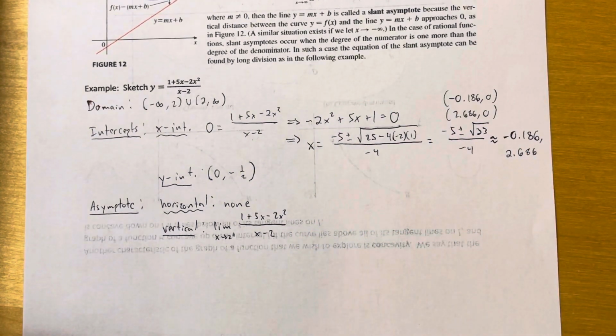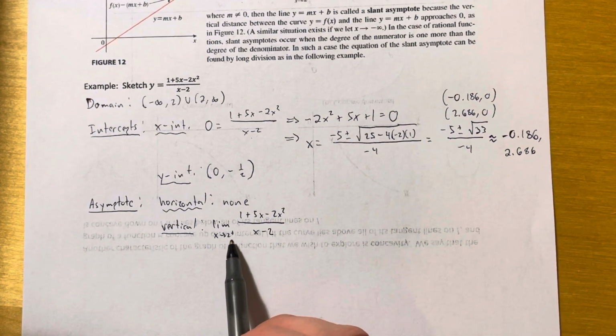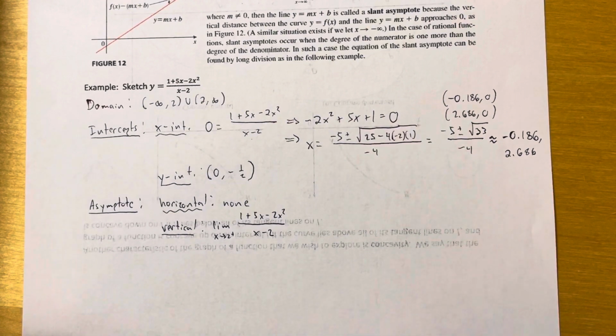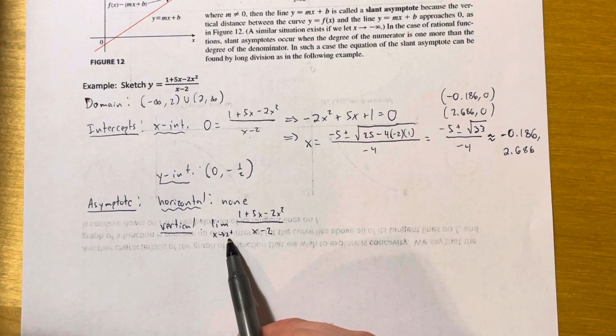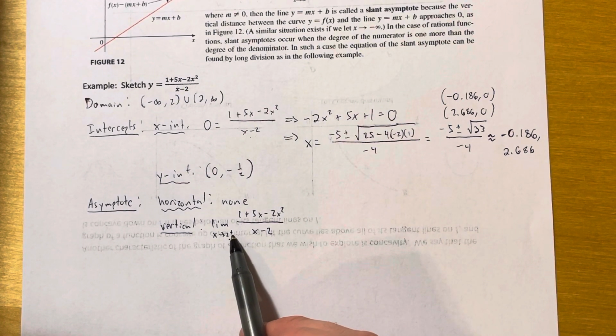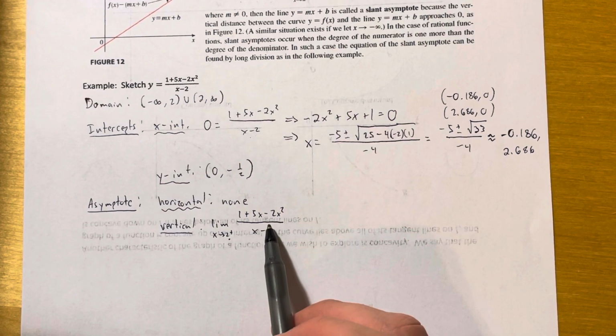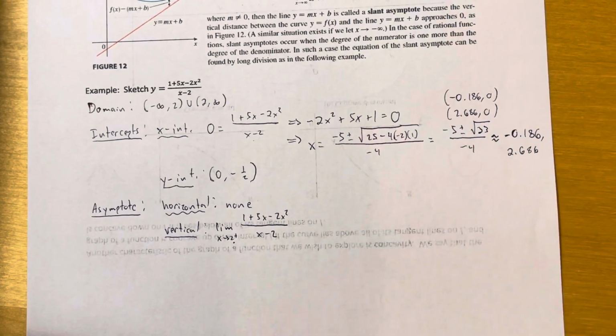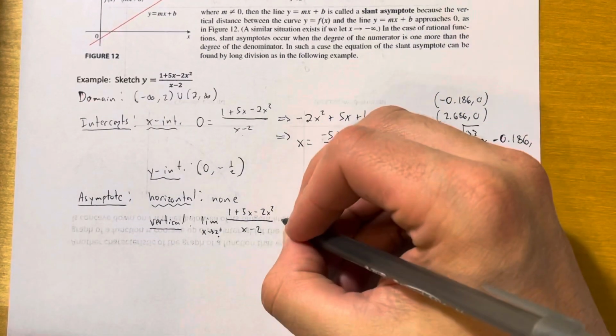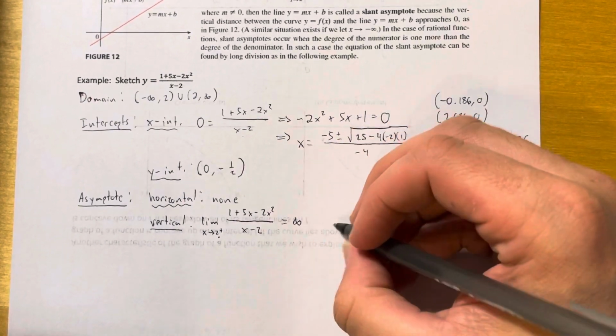For this, because it's going to go either to positive infinity or negative infinity, I would do this one numerically, plug in something very close to 2 but on the positive end, maybe 2.01, and see what happens. You'll get a very, very large positive number in this case. This is equal to positive infinity.